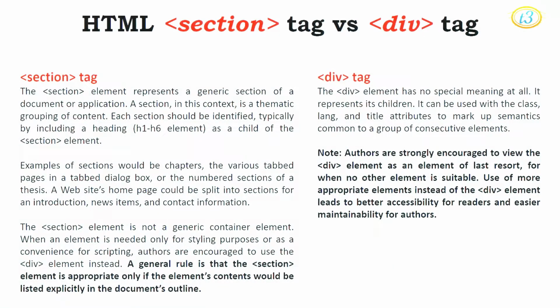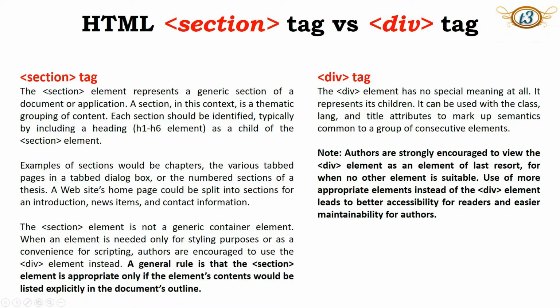A section tag defines sections in a document such as chapters, headers, footers or any other sections of the document. And this section tag is new in HTML5. It was not there in the previous version of HTML.